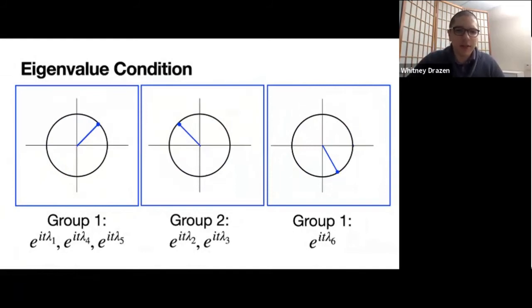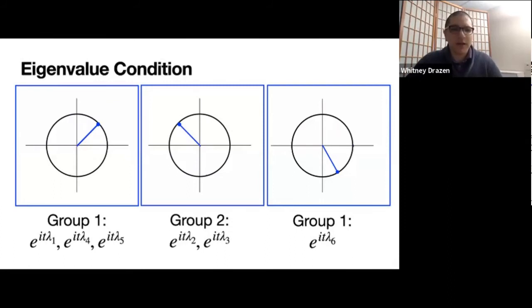So you can see here all of the eigenvalues in the group stopped at the same place. What that means is that all of the eigenvalues in that group are aligning at the time at which we stopped, at the time at which we're observing. And so that means the eigenvalues are coincident, and hence we have fractional revival at this time.